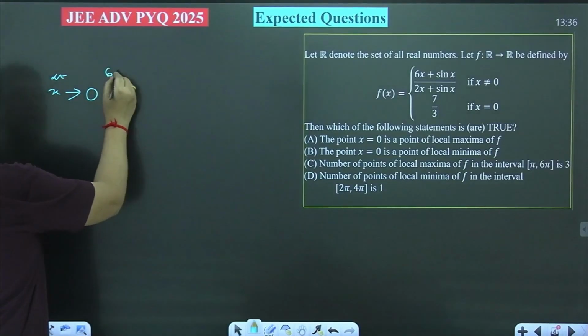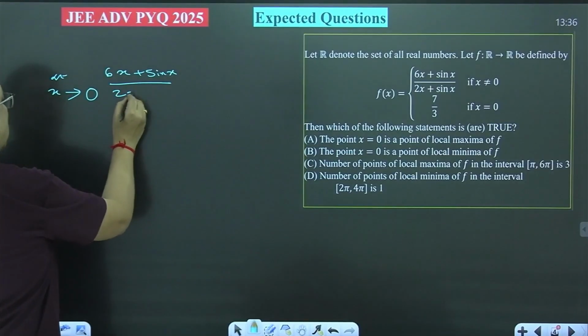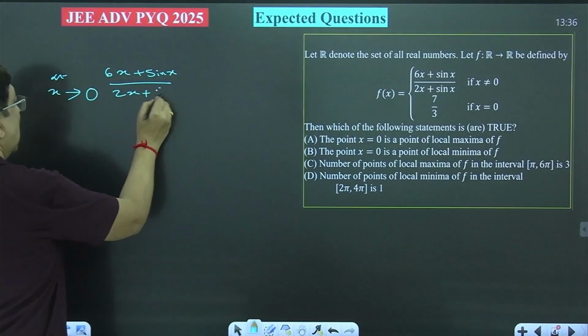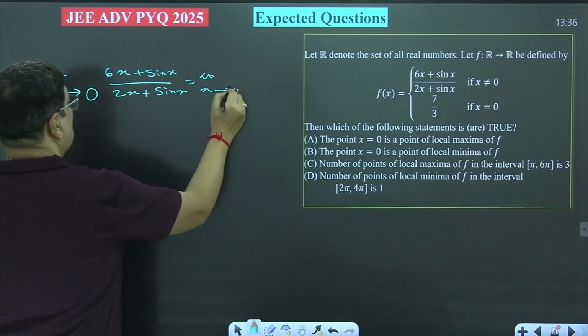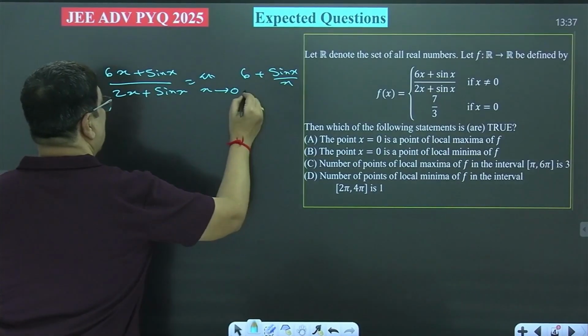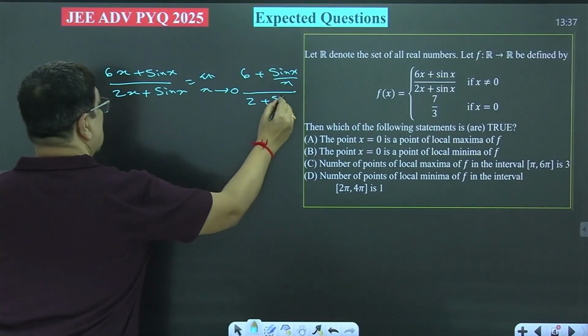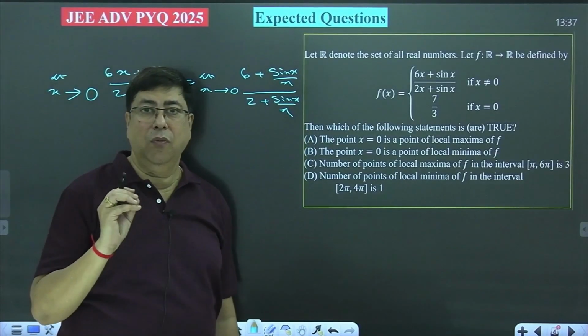So (6x plus sin x) by (2x plus sin x): if I divide by x, that is limit x tends to 0, (6 plus sin x by x) by (2 plus sin x by x). Sin x by x is 1.